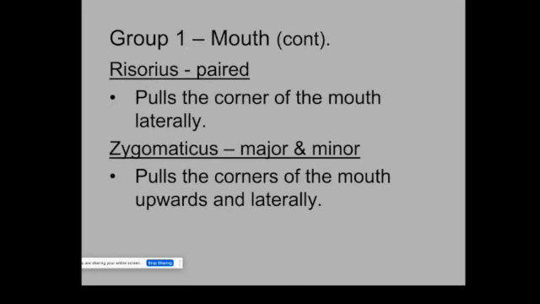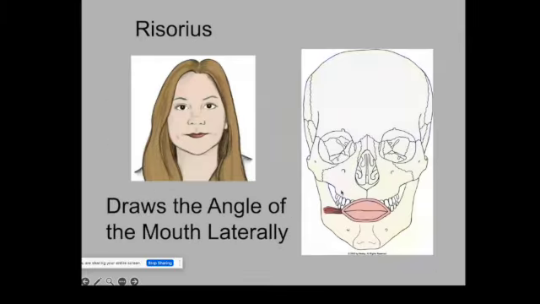Then the risorius pulls the corner of the mouth laterally, and zygomaticus, major and minor, pulls the corner of the mouth upwards and laterally. So this is the risorius, draws the angle of the mouth laterally. Now that's not a smile. Some people will call that a smirk, but this is the risorius.